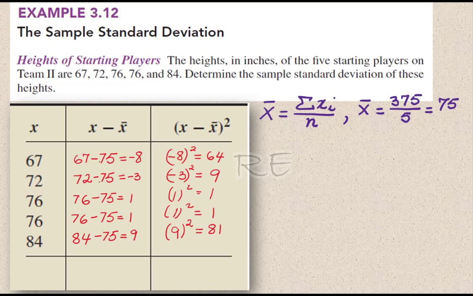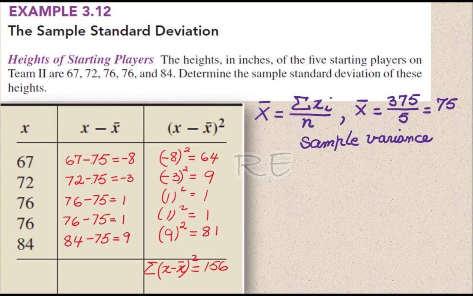Now the sum of the deviation squared is equal to 156. We need to find the sample variance, which is the sum of the deviation squared divided by n minus 1.